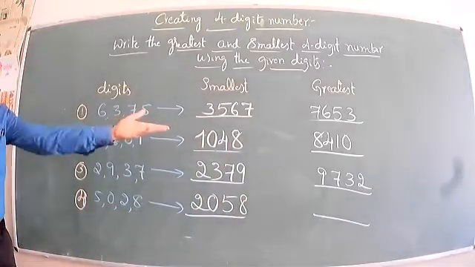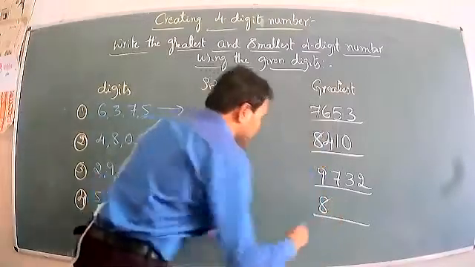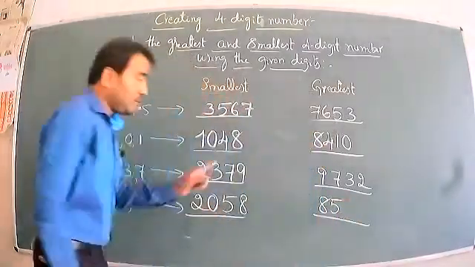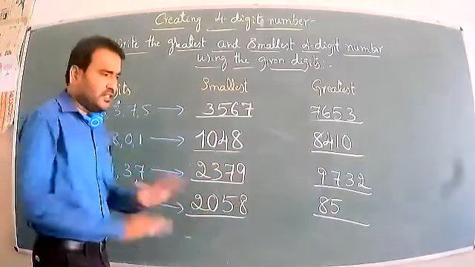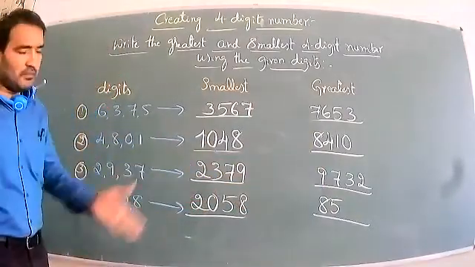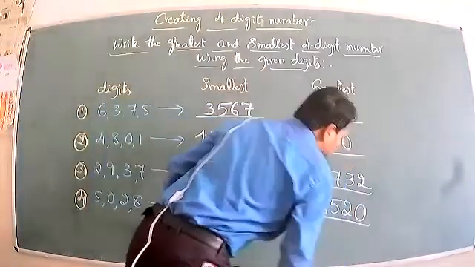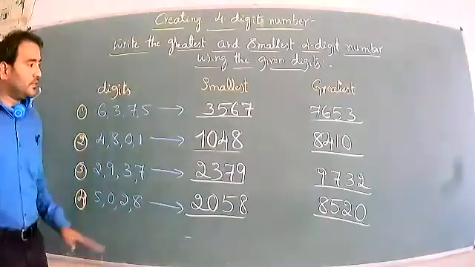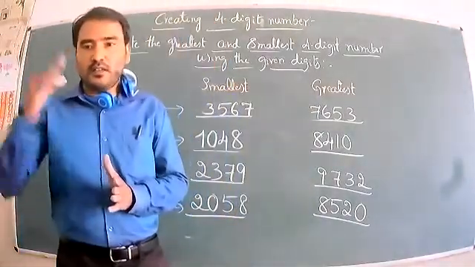And then the greatest number is no problem. You can easily write 8, 5, 2, 0, in descending order. To find the smallest number, the digits are arranged in ascending order.